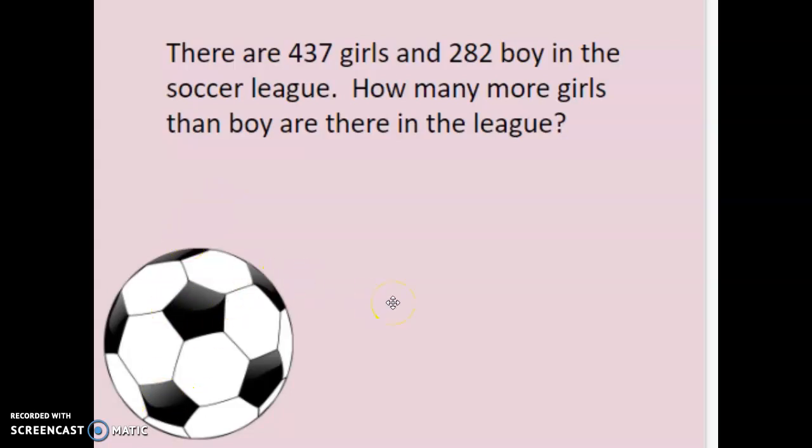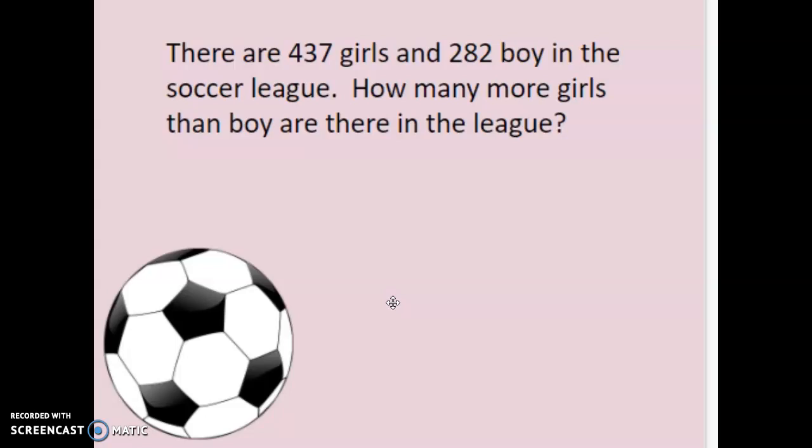Now, I want you to think about what we could round to here. If we want the best estimate, of course we're going to round to the tens. We've talked about that multiple times. But do I need to have the best estimate? Probably not. I could probably just round to the hundreds to see if I'm even close. So if I'm thinking about rounding, I have to think about where that number is going to fall on the number line.